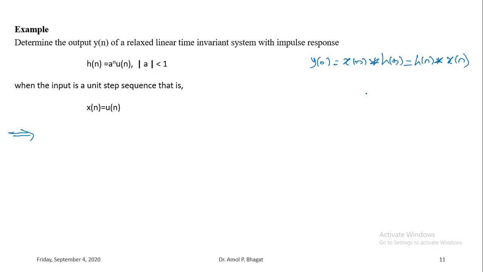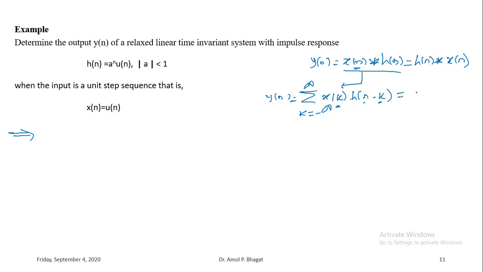Only difference is which sequence will be folded and which sequence will be kept as it is. If I am using convolution of x of n with h of n, the formula will be y of n is equals to summation k from minus infinity to infinity x of k into h of n minus k. That means the first sequence will be kept as it is, while the second sequence is folded and then shifted.